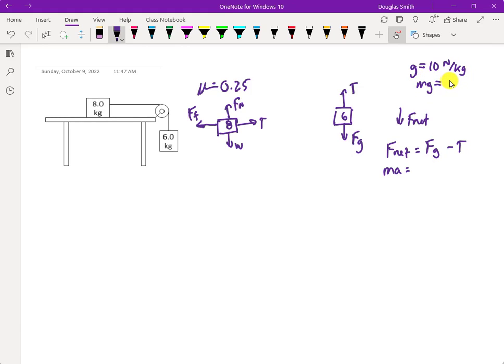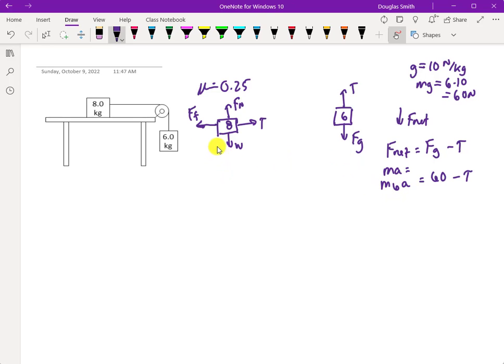So mg in this one will be 6 times 10, equals 60 newtons. So I'm going to call it m6a is equal to 60 minus T. And that's pretty much all we can do for that one.